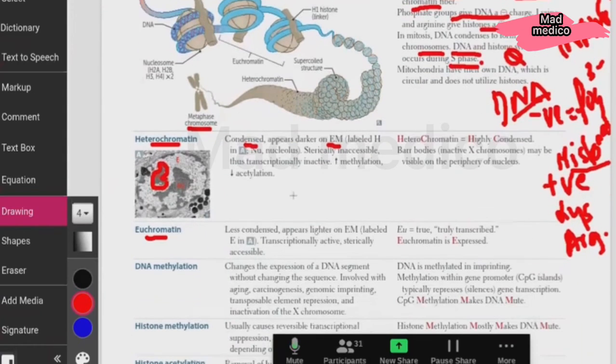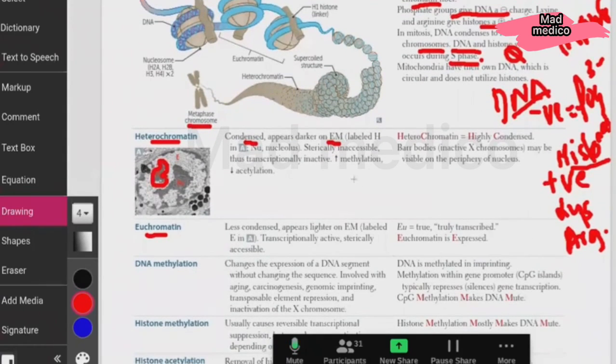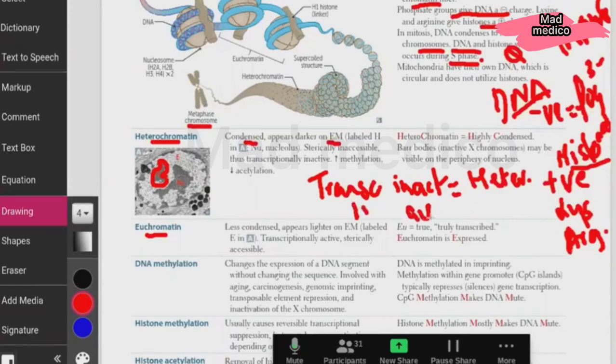So this is another piece of information: heterochromatin is transcriptionally inactive, and transcriptionally active is euchromatin.